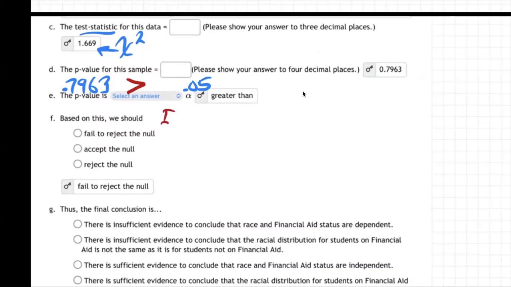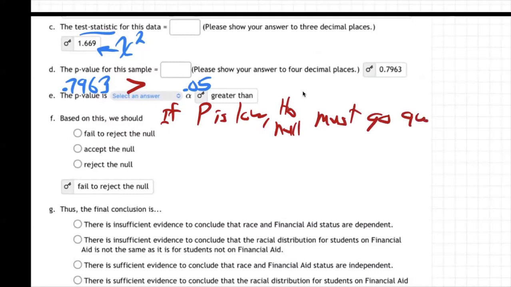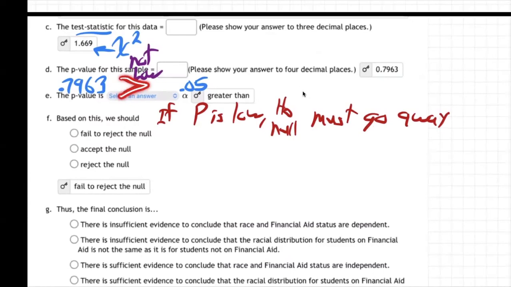Well, you know the saying, right? If the p is low, then the H0, the null, must go, meaning go away. So is the p low? No, our p-value is not low, right? Our p-value is greater. 0.79 is greater. It's not low. So the H0 must not go away, right?